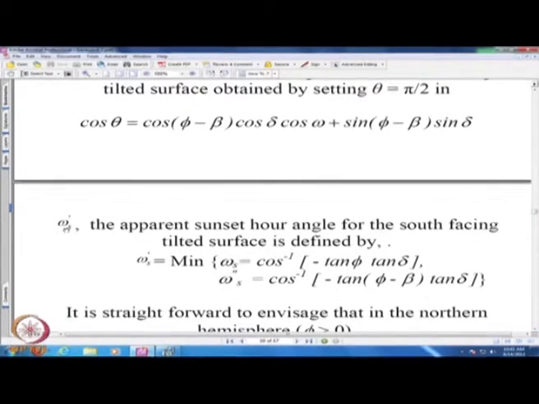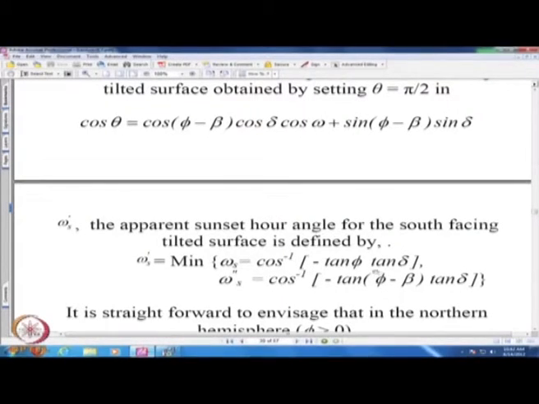So, now omega S dashed is limited to omega S and omega S double prime. So, this is what the surface sees. That means, the sun's ray is expected to be parallel to the surface at this hour angle, but this is where the sun goes below the horizon.